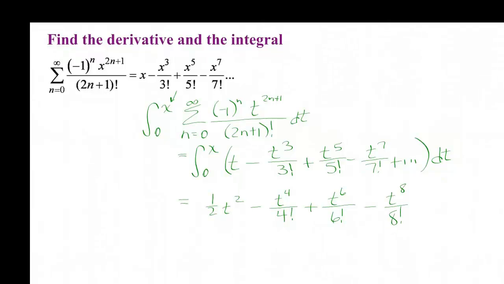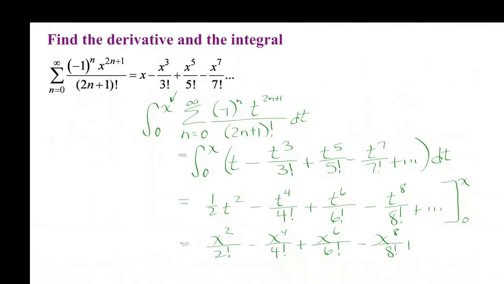Very easily, that's what we're going to get. We're going to evaluate that at x and then at 0. So we have x squared over 2 factorial minus x to the 4th over 4 factorial plus x to the 6th over 6 factorial minus x to the 8th over 8 factorial.